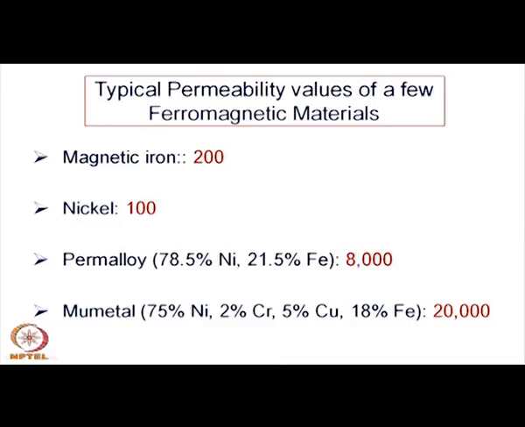Now, these are different phases, not pure elements, and different crystallographic phases will have different properties, and by that process one can increase the magnetic permeability to the order of about 20,000. So, that is very important.